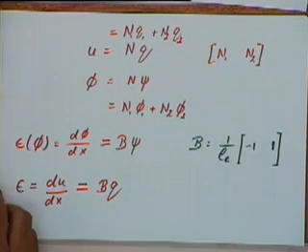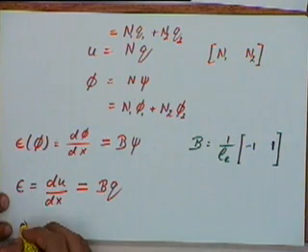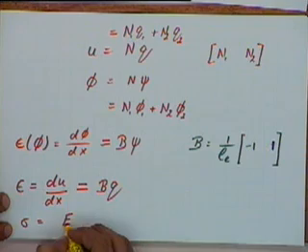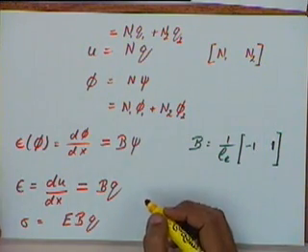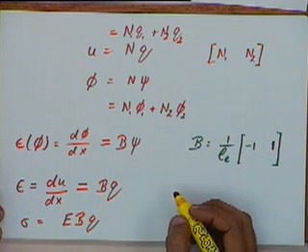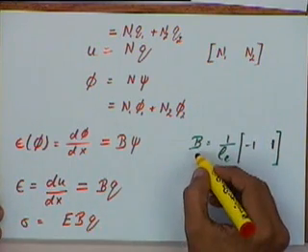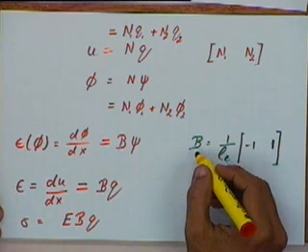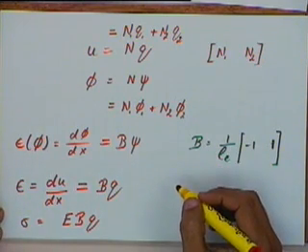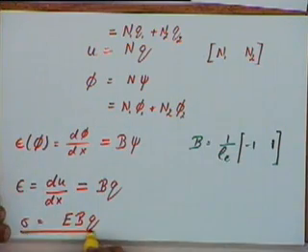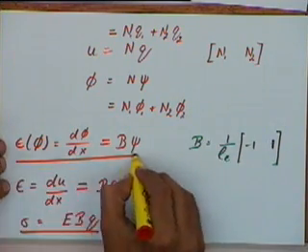If epsilon is equal to B times Q, we can say sigma will be equal to E times B times Q, where E is the Young's modulus, B is the element strain displacement matrix, and Q is the element displacement matrix. Okay, so we have an expression for sigma and we have an expression for epsilon of phi.